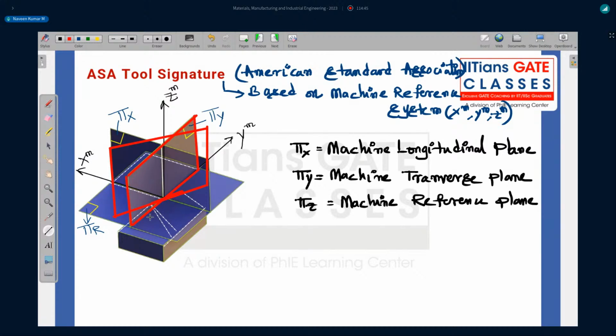See, there is an angle between this pi plane, and this plane is known as orthogonal plane. Okay, so that is where the difference between ASA and ORS system will come into the picture.